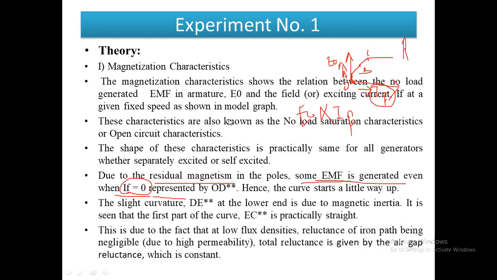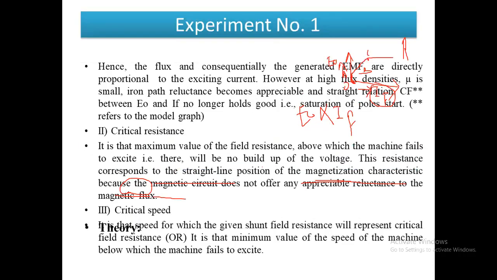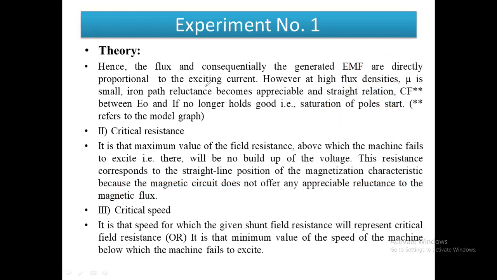So the induced EMF and the field current give a linear relationship. Hence the flux and the consequently generated EMF are directly proportional. So it will give the linear relationship.